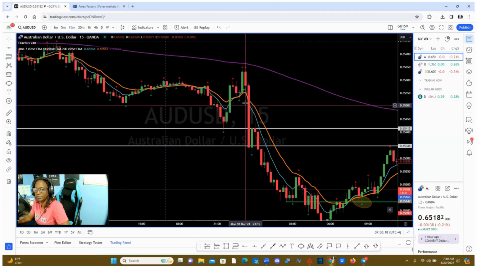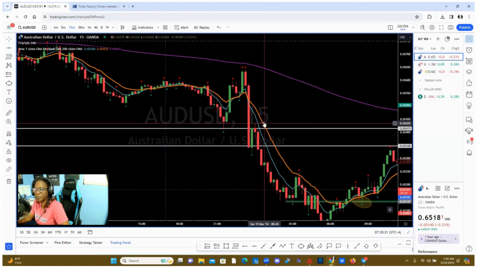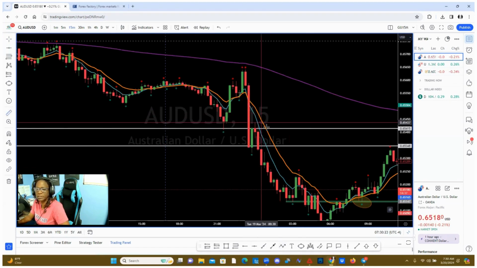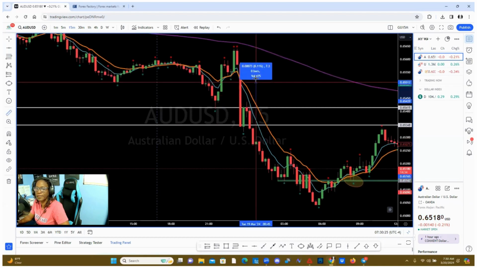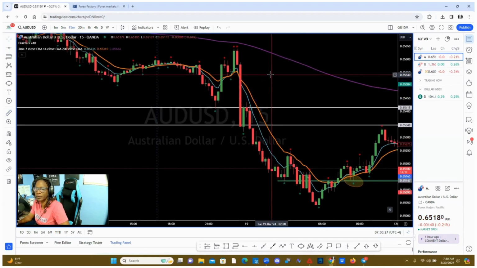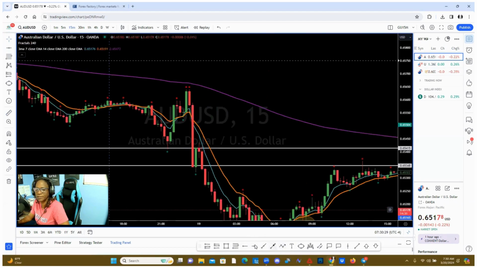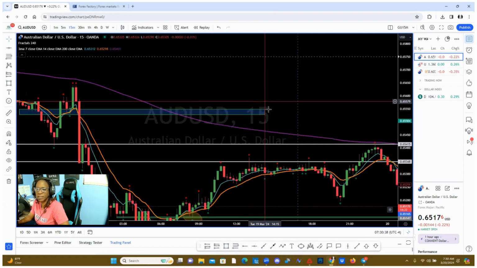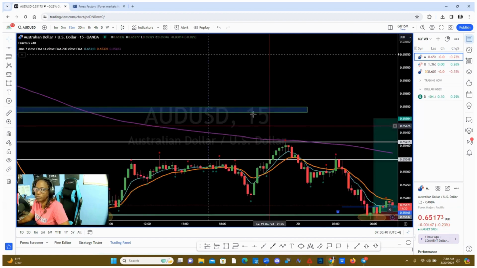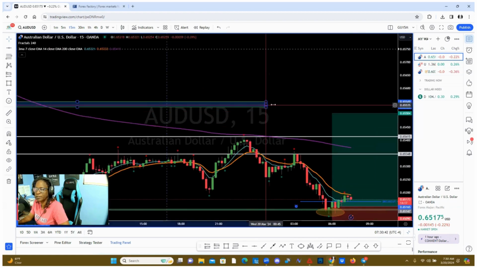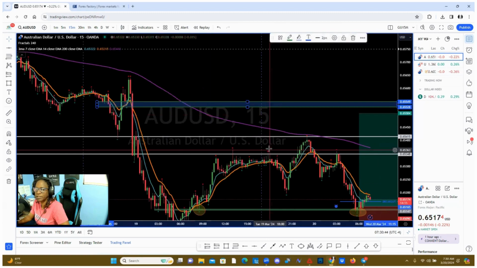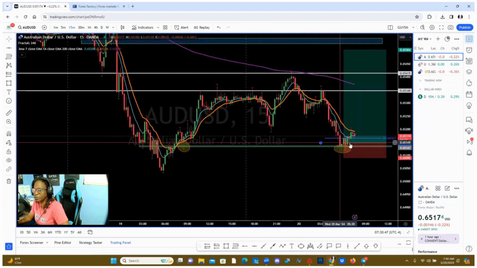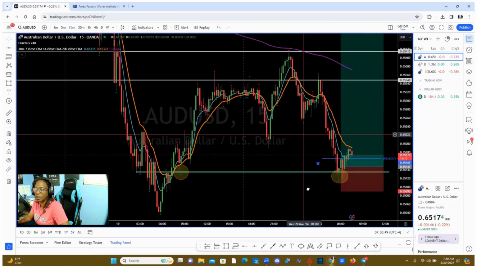Following this break, there's a huge gap right here. Price has never come back into that area, so I am anticipating that we could see price pulling back into that area today. I'm anticipating that's where the buyers would want to target if we continue to respect this zone right here.